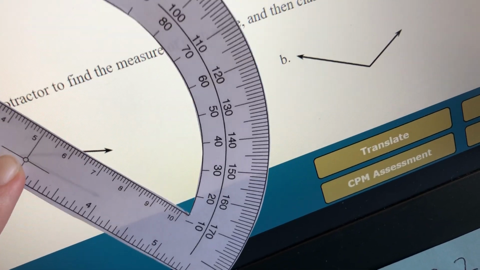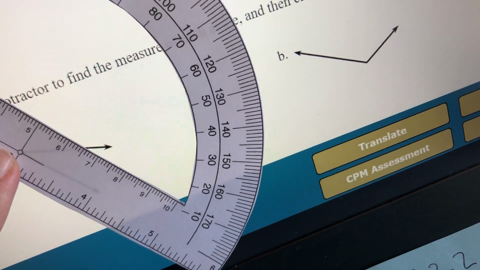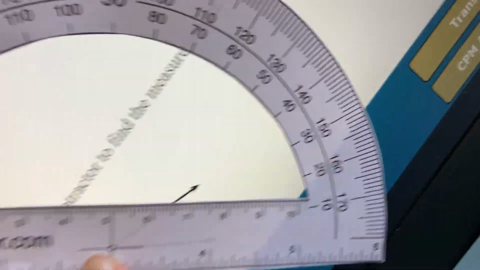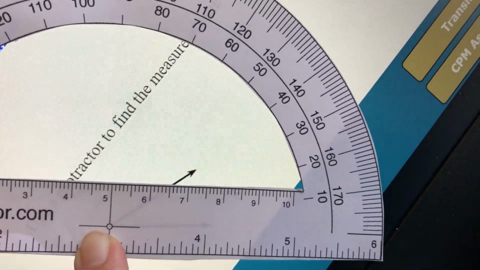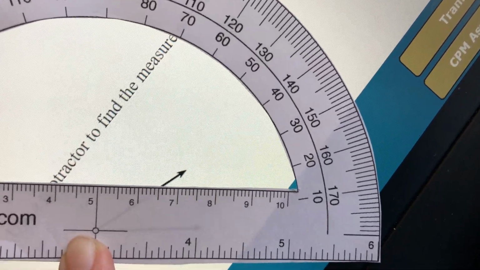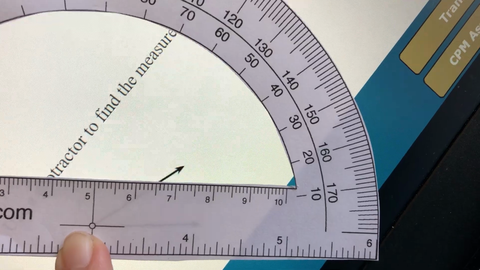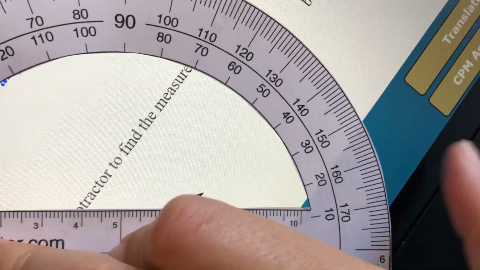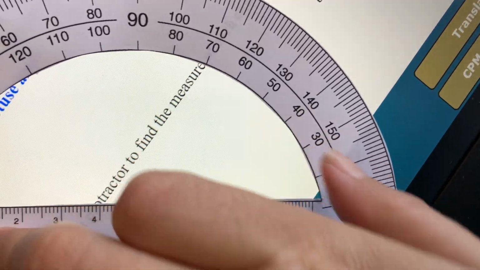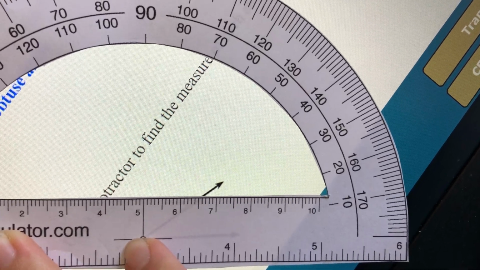That's where I'm going to line each vertex up. So there's my lining it up at the vertex. If I kept extending that line, it looks like it would be about 35 degrees, between 30 and 40. So I would say 35 degrees for part A.